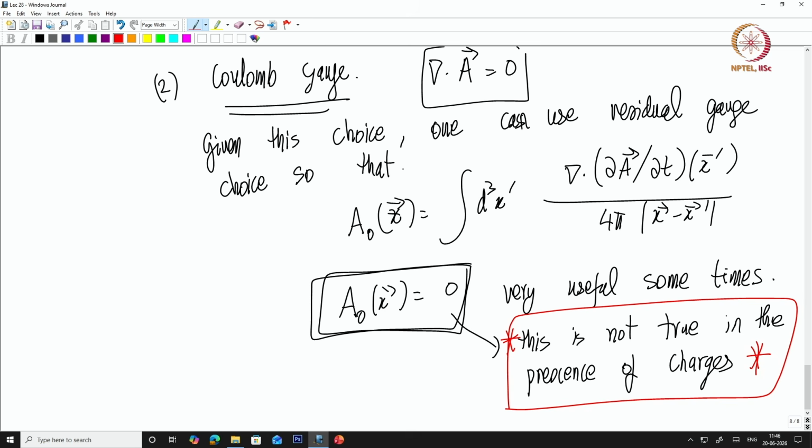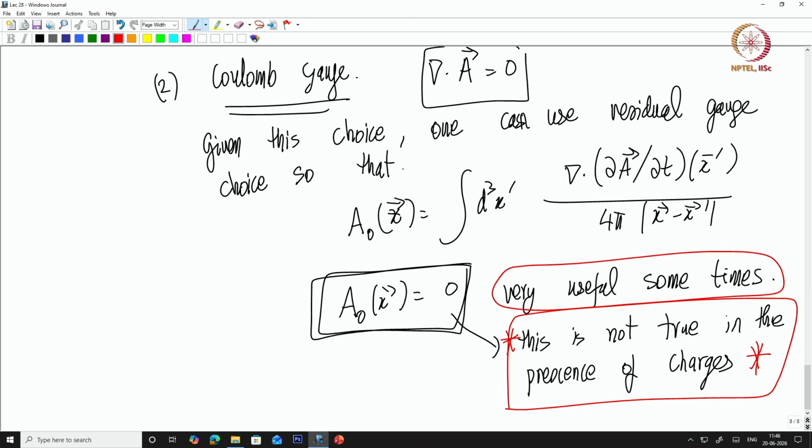Now, this is sometimes useful. There are many cases in which the Coulomb gauge plays a very important role, when the choice simplifies the calculations, especially when there are no external charges and currents.